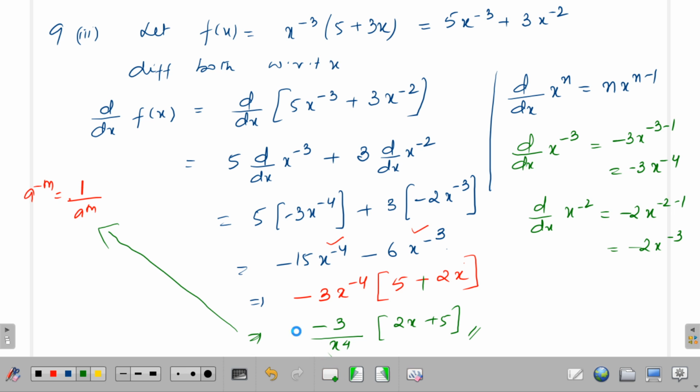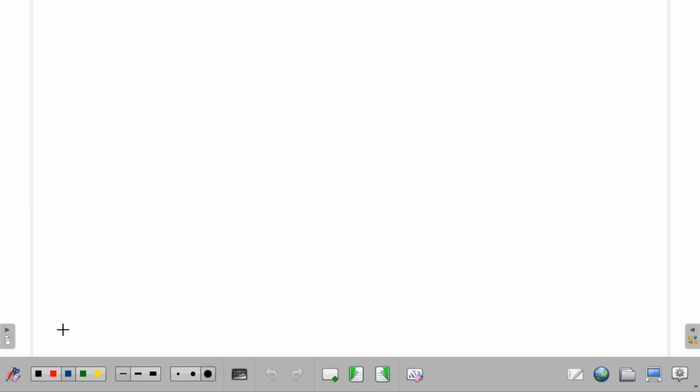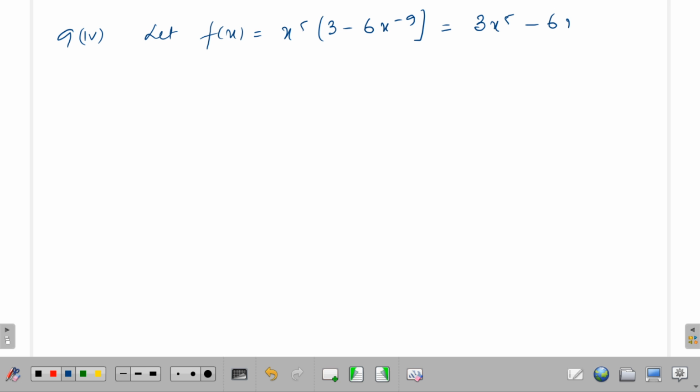If you didn't understand, let us try one more question in a similar manner. So let me do 9.4. Your 9.4 is given to be again the same thing. Let f of x be equal to x to the power 5 and then 3 minus 6x to the power minus 9. Now again same thing, I want you to multiply first. So 3x to the power 5 and minus 6x to the power minus 4.